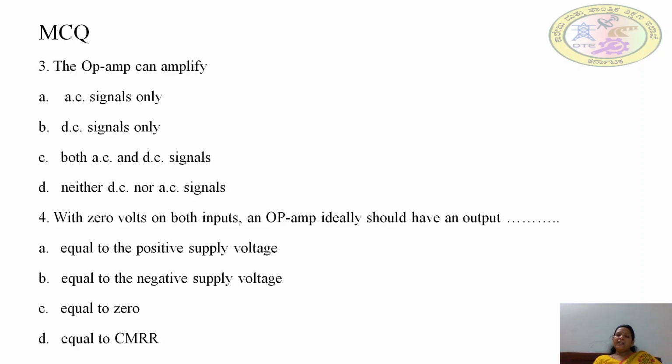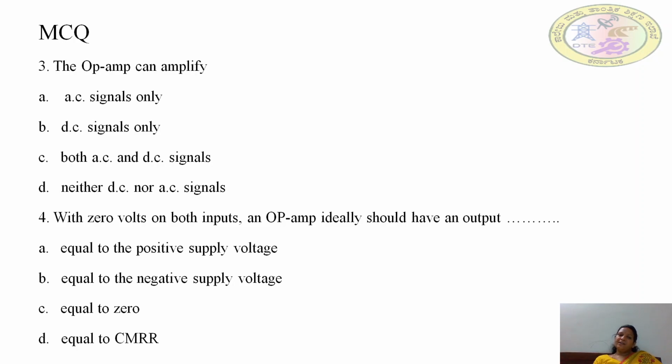Option C, equal to 0. Option D, equal to common mode rejection ratio. So CMRR, common mode rejection ratio, we will discuss in the next session. So as I said, when no input is applied to the operational amplifier, or when 0 volts is applied to both the inputs, obviously the output would be equal to 0 volts.